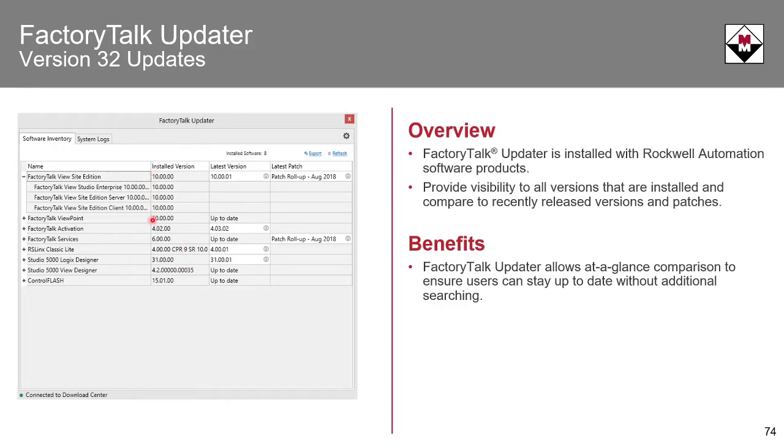It gives you the installed version, and if you're connected to the PCDC, it will show you the latest version available or the latest patches available. So I think it's a great tool, one-stop shop. You get to see what's installed and what you could move to if you wanted to stay current.